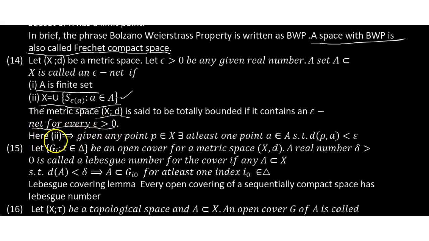Here this implies that given any point p belonging to X, there exists at least one point a belonging to A such that the distance d(p, a) is less than epsilon.